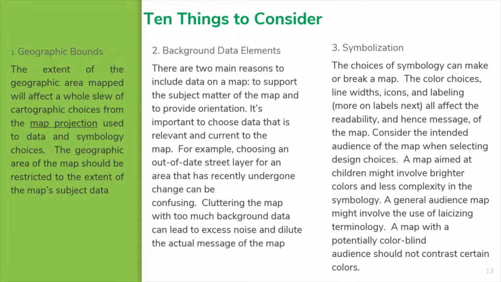Then you have background data elements, which really is stuff that gives your data context. So for example, if you're creating a map of settlements, you may need road networks to show why there might be some settlements in a particular area and why there isn't any settlement in another area.